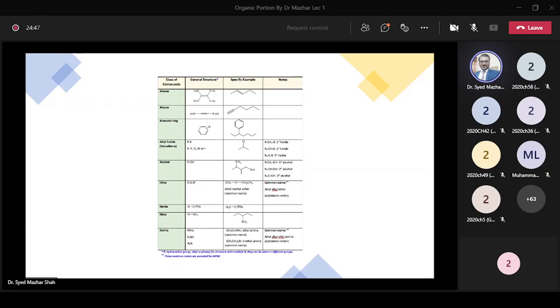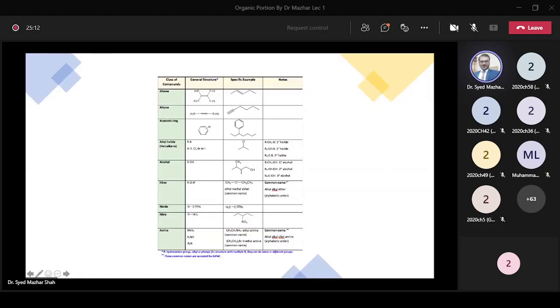And how do we write an alkyl group? If we remove one hydrogen atom from an alkane, then it becomes alkyl, and it has one bonding capacity that can be bonded to any other atom or any functional group. So here R means alkyl group in all the columns or entries.